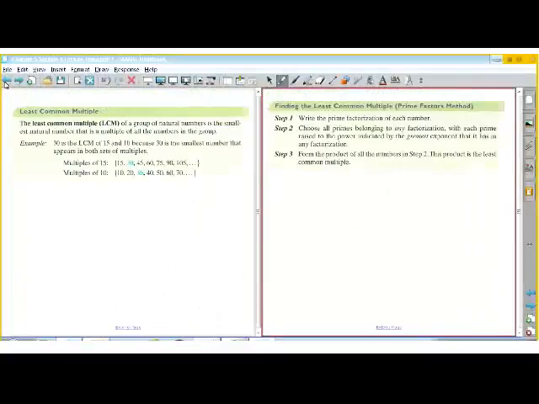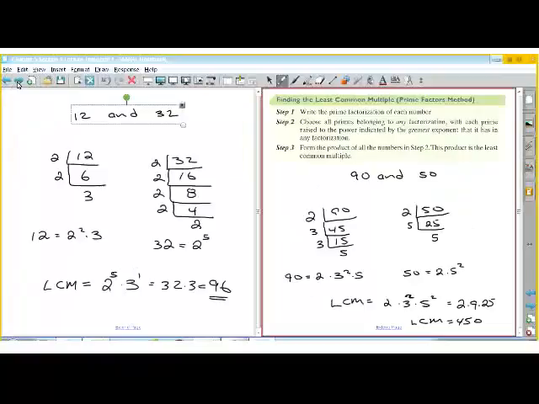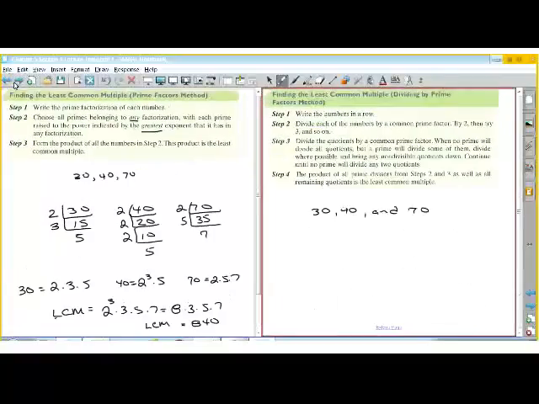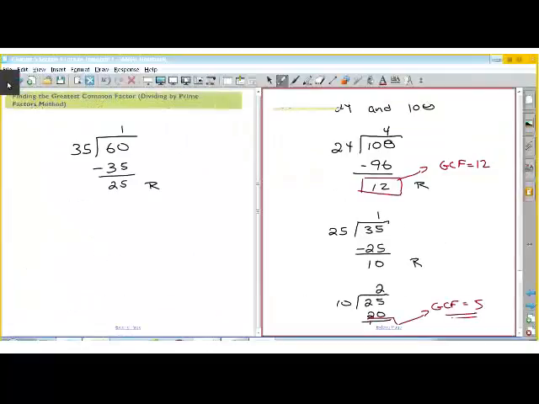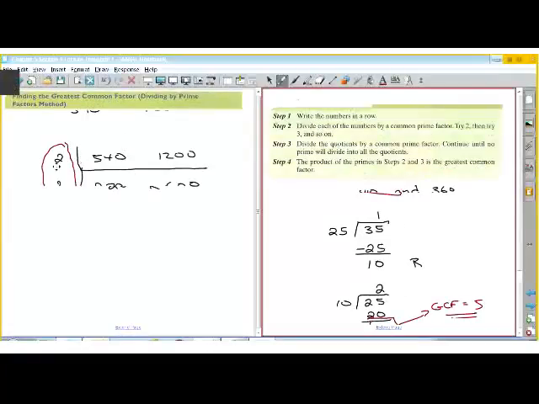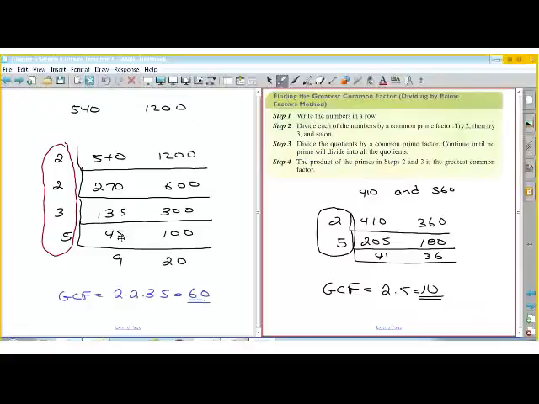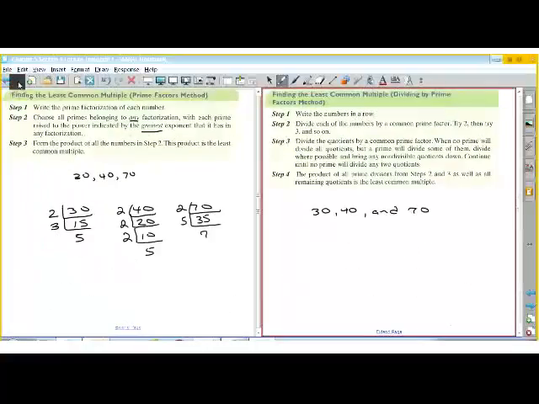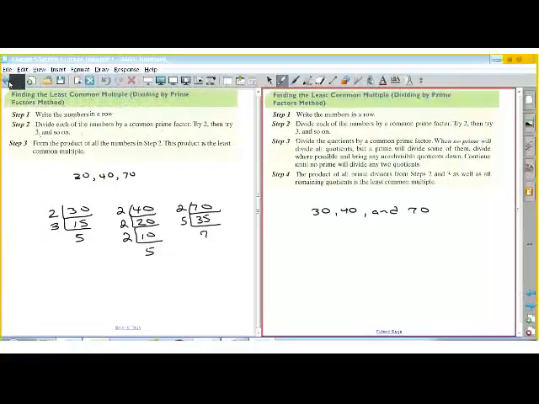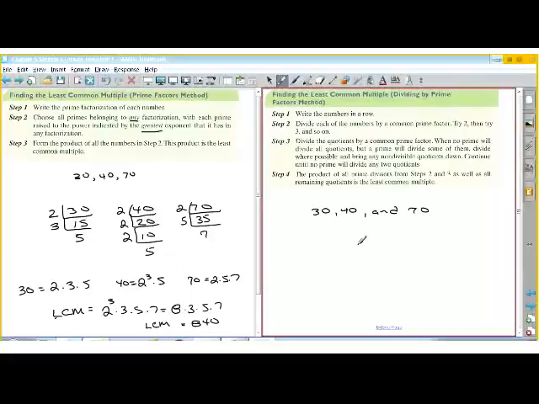If you go back to the greatest common factor, what we did there was take these numbers. Well, what we're going to do now is take these numbers and multiply them by what's left over here. That's the difference in the method when you're doing least common multiple. But it's the same basic procedure.